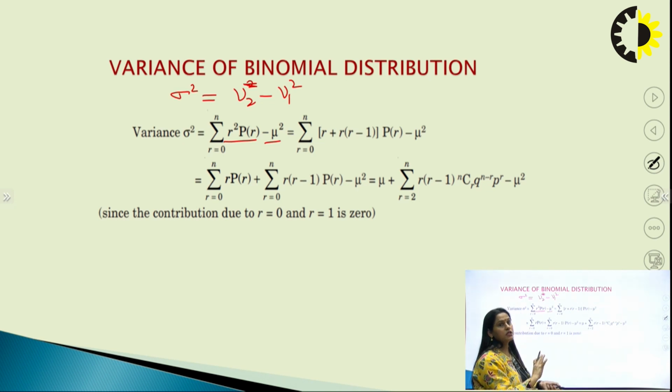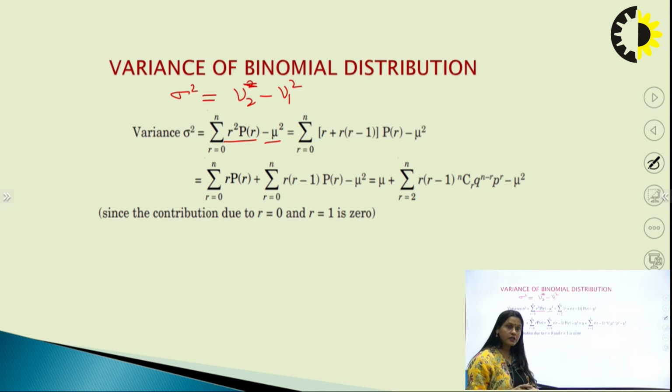I am not focusing on this one because the question many times comes: find the moment generating function of the binomial distribution and hence find its mean and variance. If the question asks to find the mean and variance of the binomial distribution, then also you can use the moment generating function formula.